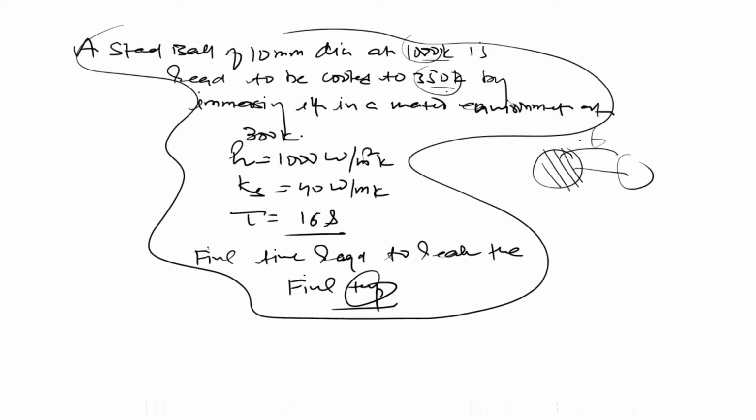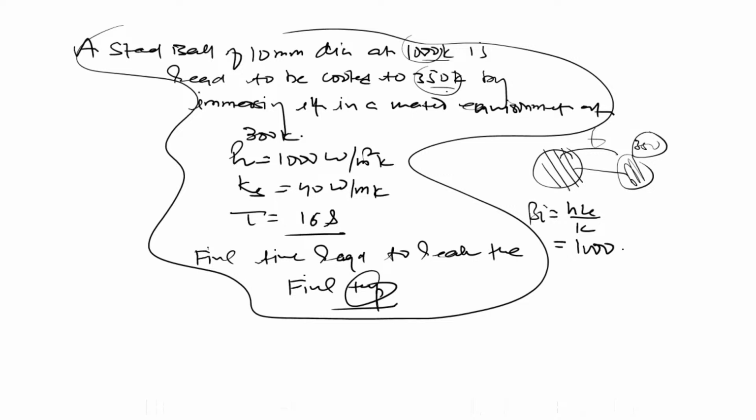It means with time only temperature will change. At all times the temperature is uniform. It means it's a lumped system. And you can check also if you want. Biot number is hLc upon k. h is given to you.